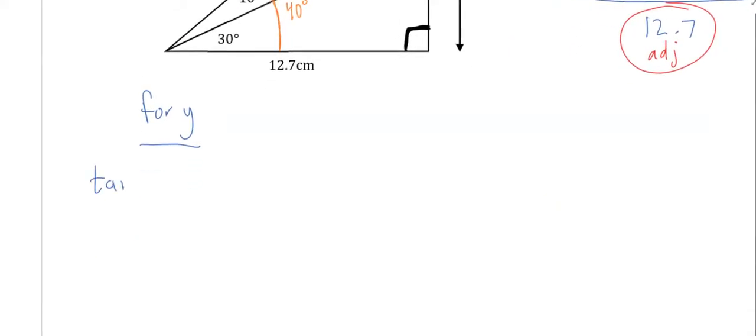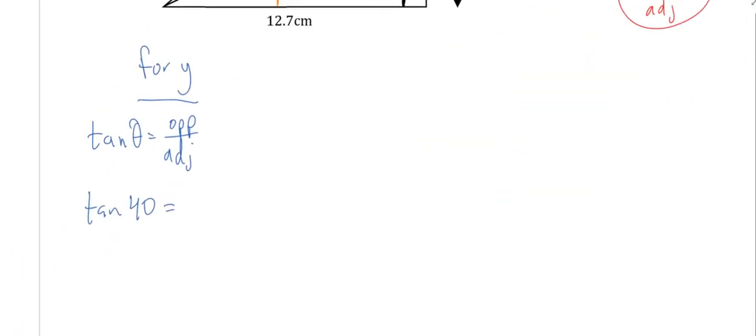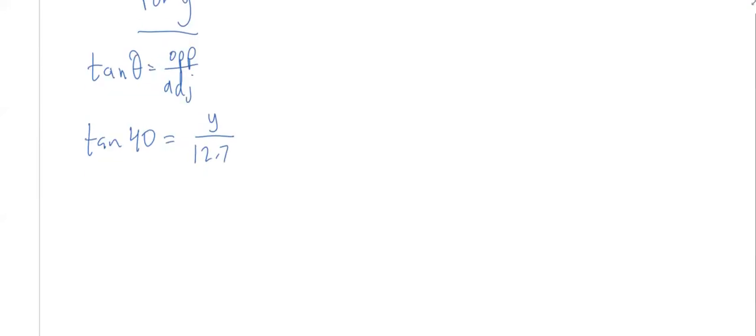Tan. And it's really important that you know what angle you're using. Some people maybe go too fast and don't think about it carefully enough, and they use one of the other angles like 30 in there. But I want tan of 40 equals opposite, which is y, if we look at our new diagram, over adjacent, which is 12.7. So again, I take the 12.7 and I multiply on the other side.